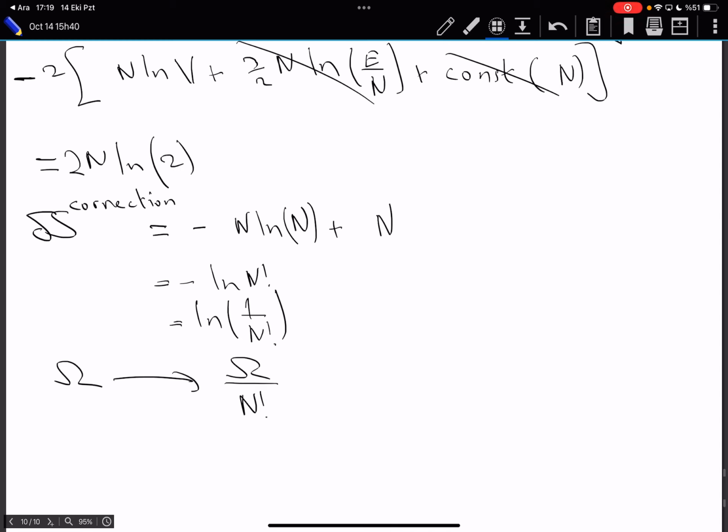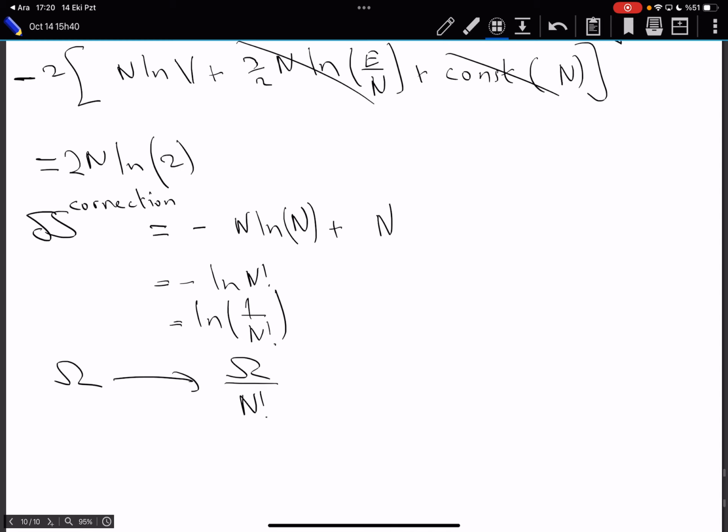So from the perspective of classical physics, all particles are distinguishable. But quantum mechanics tells us that no, you cannot distinguish them. But that will also change how you count the number of microstates. The state where particle 1 is over here, particle 2 is over here, is the same state as particle 2 being here, particle 1 being here. That's what quantum mechanics tells me.